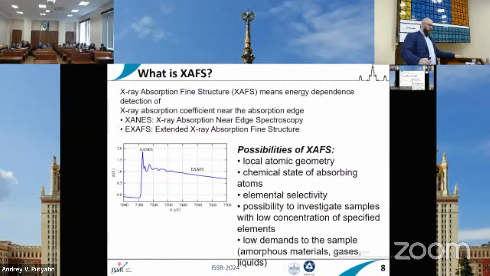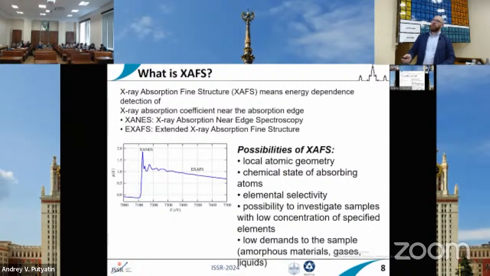Today, in principle, we will talk mainly about XAS analysis. It is X-ray absorption spectrometry, and there are two main ranges of this X-ray absorption spectrum. It is either XANES, so it is X-ray absorption near edge spectroscopy.